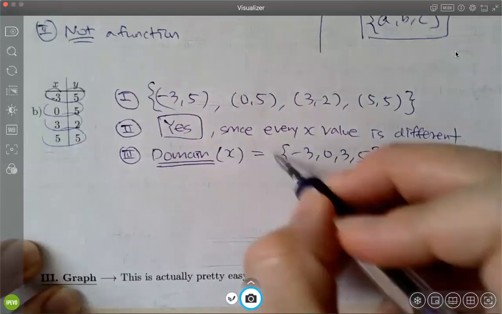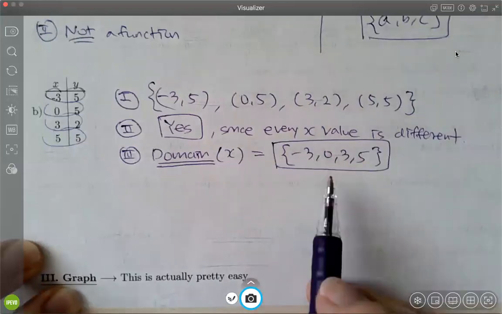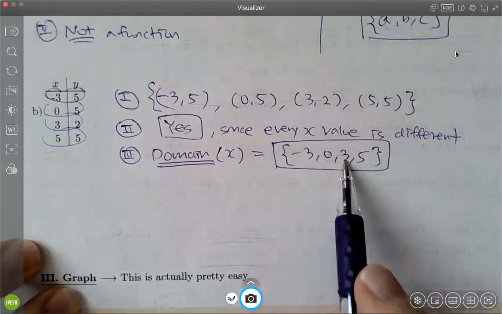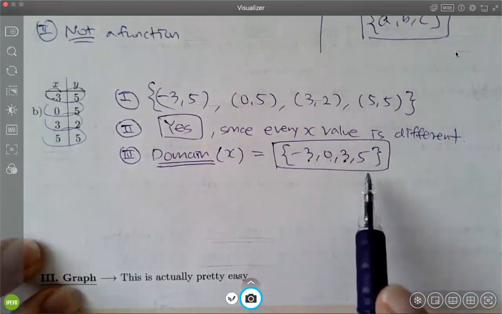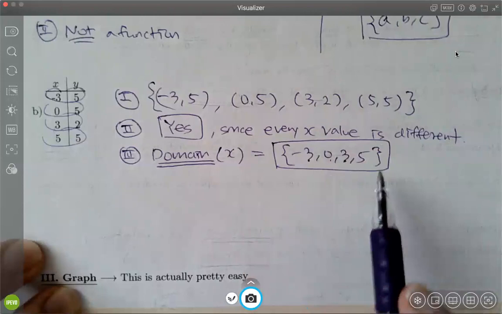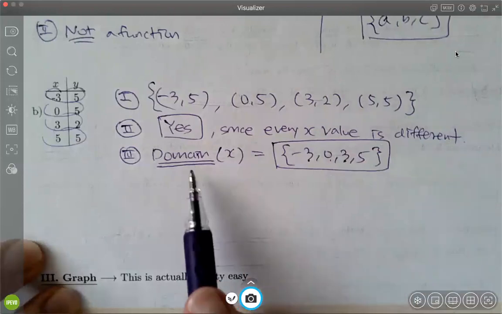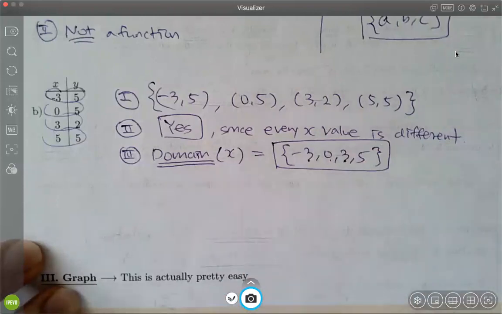By the way, can you write 3, -3, 0, 5, something like that? Yeah, the order doesn't matter here, right? As long as you contain these four numbers inside the domain, the order doesn't matter. You can have any order. Now, what's the range?